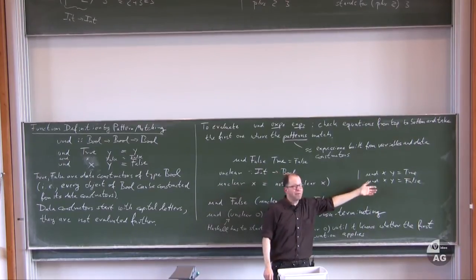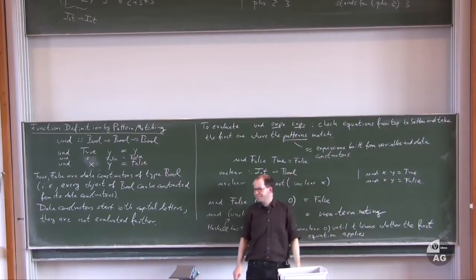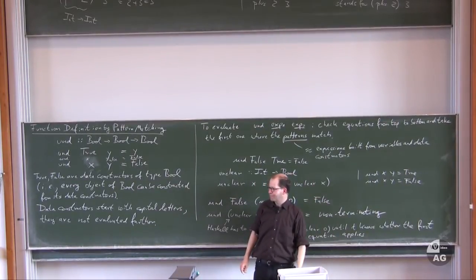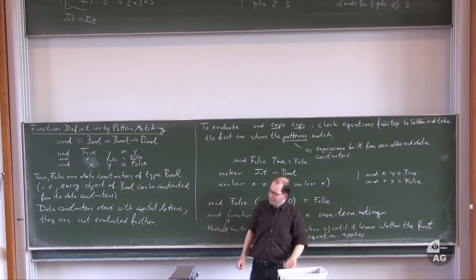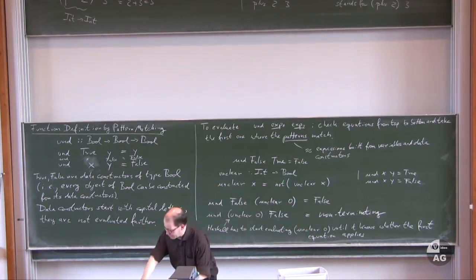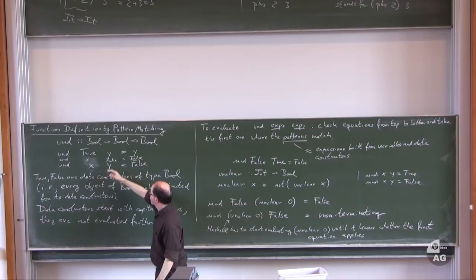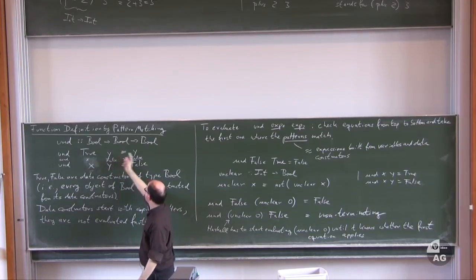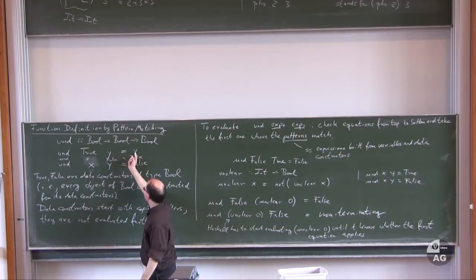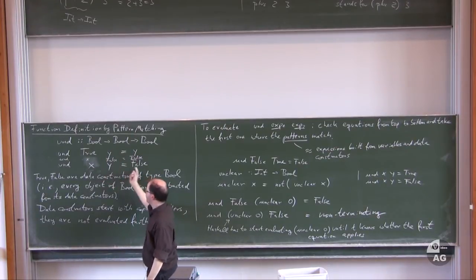I mean, this is probably not good style, but I'm actually not sure whether any sane Haskell compiler will compile this. Maybe it will not compile this. But I mean, also here you have contradictions. With true and true, this evaluates to true, but with true and true, this evaluates to false.